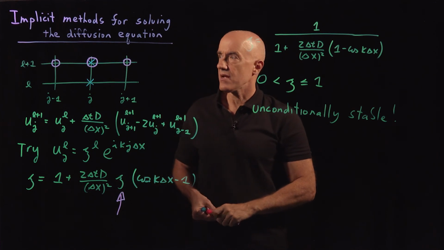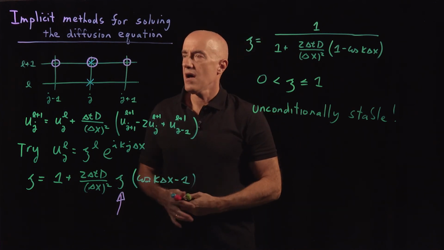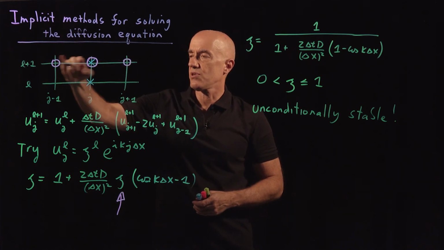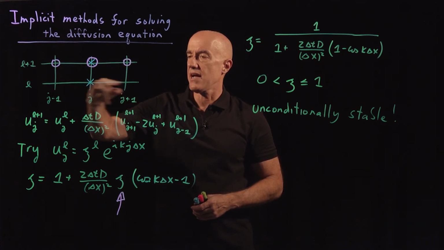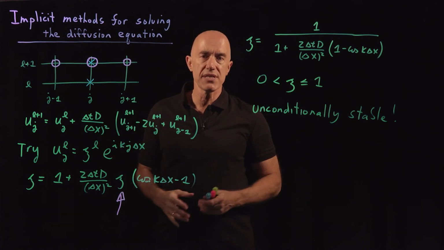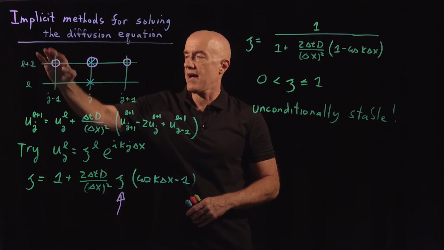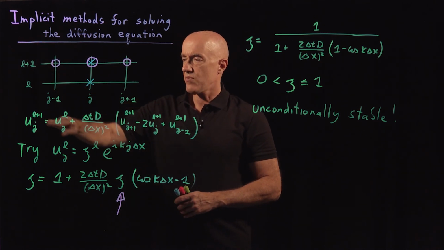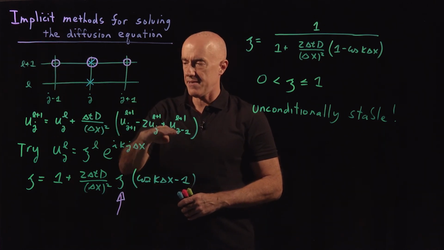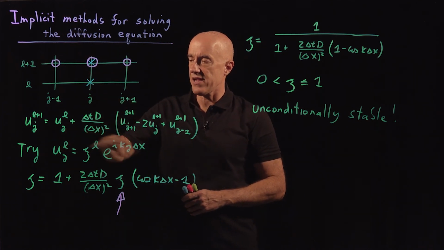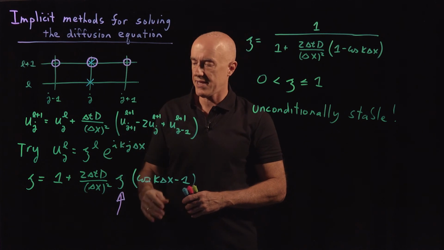Okay. So let me summarize. We changed from an explicit method where the spatial derivatives took place at time L to an implicit method where the spatial derivatives take place at time L plus 1. We have our implicit scheme. We try the von Neumann stability analysis on the implicit scheme.